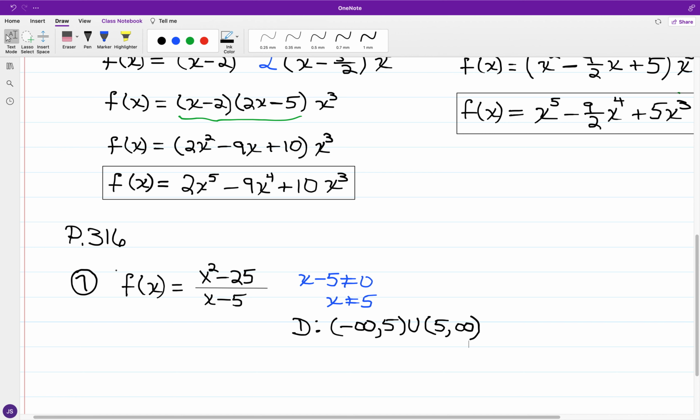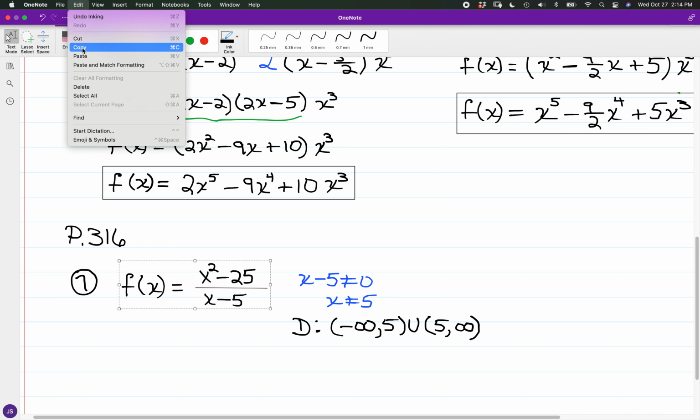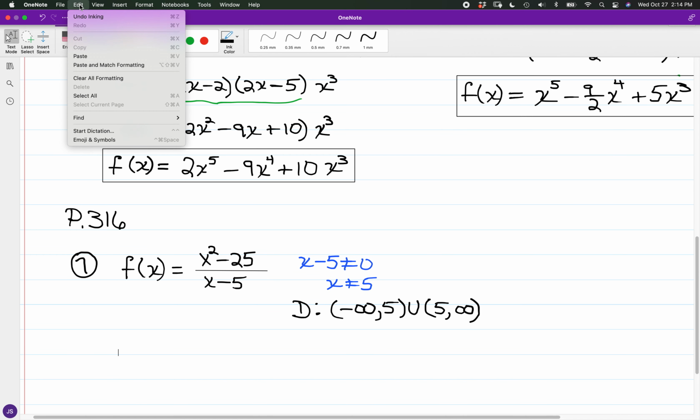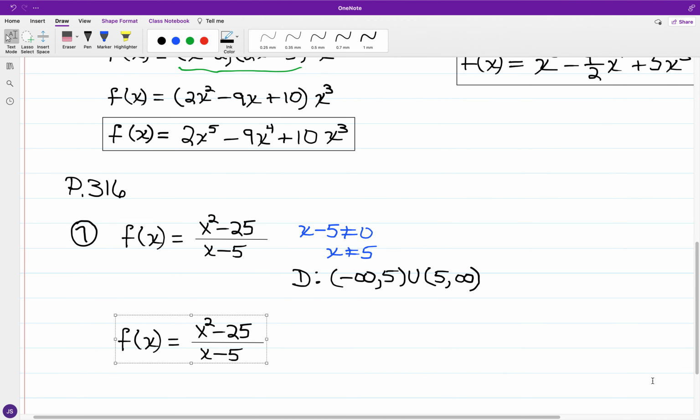Now, in the case of whether we're going to have a vertical asymptote to stem from the excluded value of 5, looking at what I have in the ratio, I have the difference of squares over x minus 5.